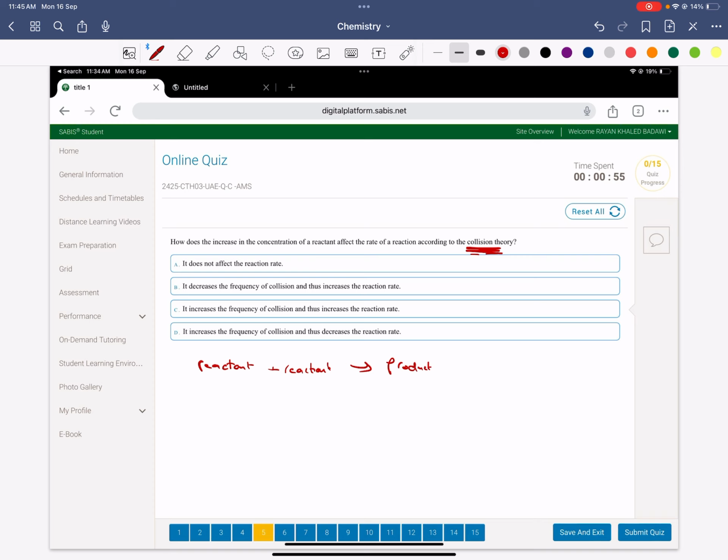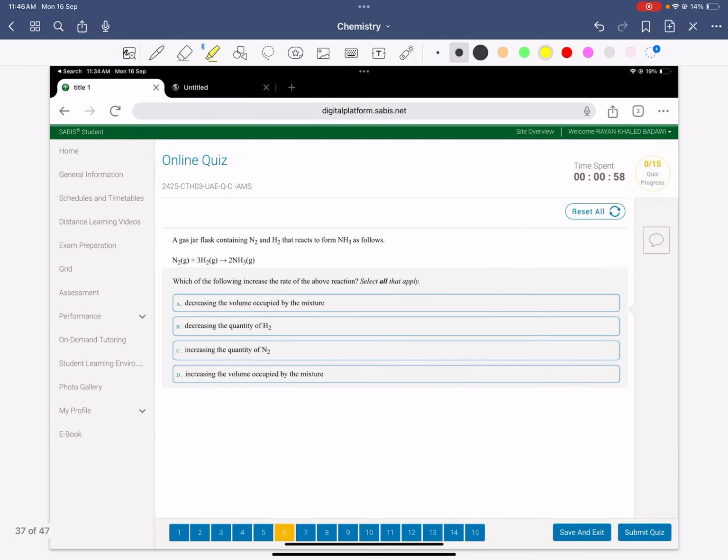If we increase the concentration of the reactants, they're more likely going to collide with each other. That's according to the collision theory. So we will have a faster reaction rate. It increases the frequency of collision and thus increases the reaction rate, and does not decrease it.